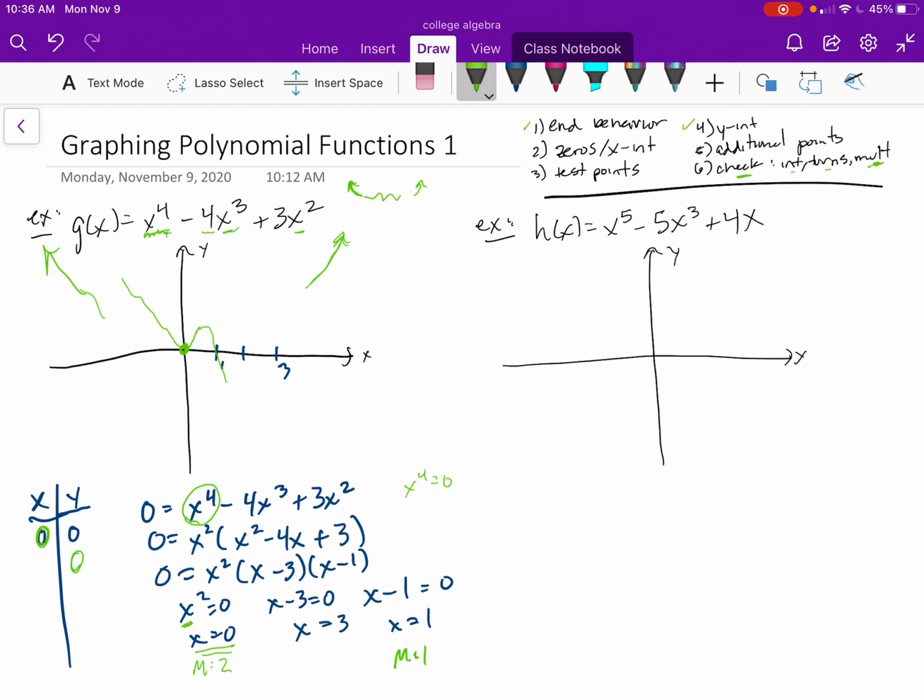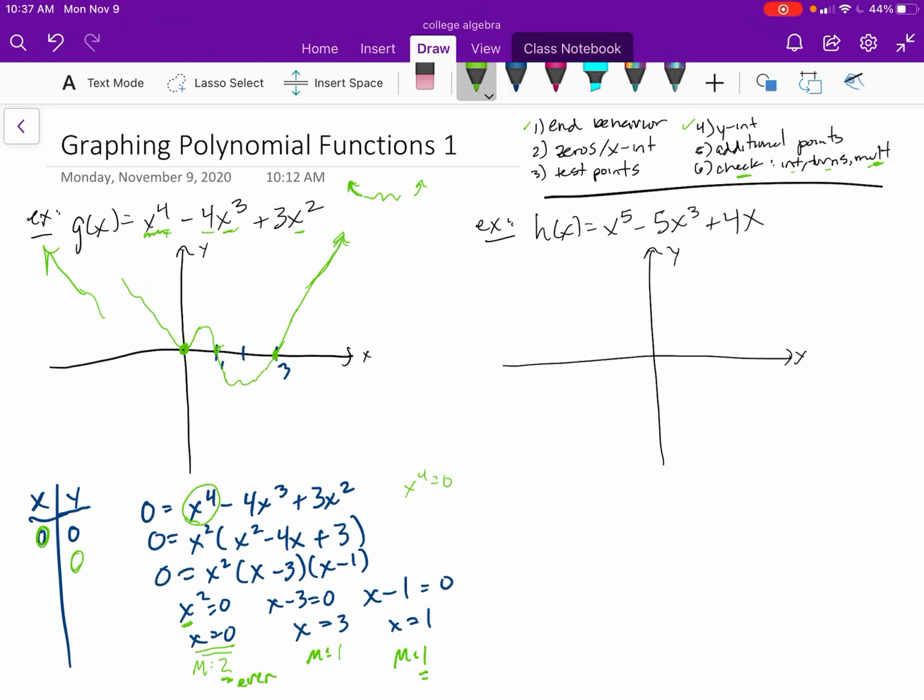It's an odd number. This multiplicity was even. This multiplicity is also odd. It's 1, which means it will come up to 3. It will cross the x-axis at 3. All right. I think even though that is a final check, that is a great check as we go as well.